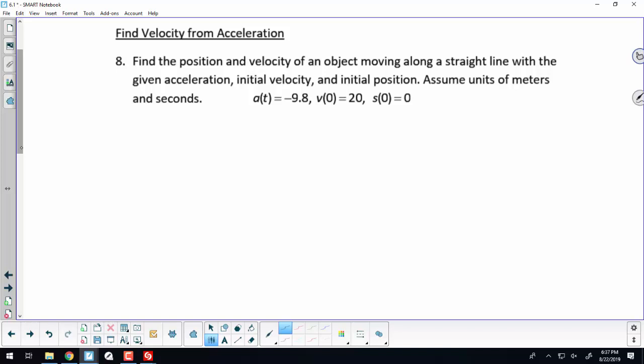So, in all honesty, I think we'll skip that example. It's pretty straightforward, similar to the last example.